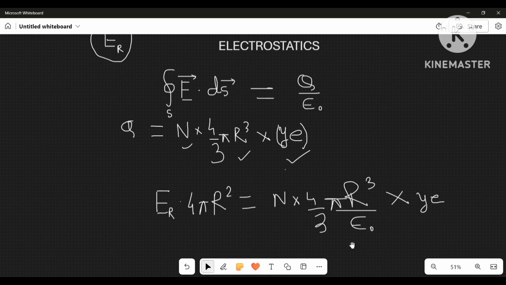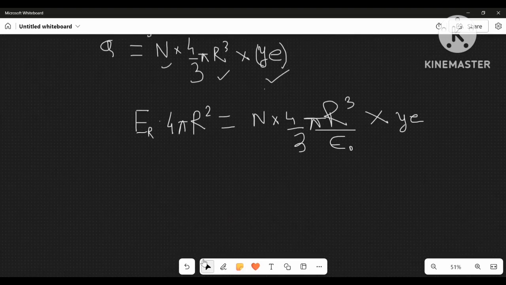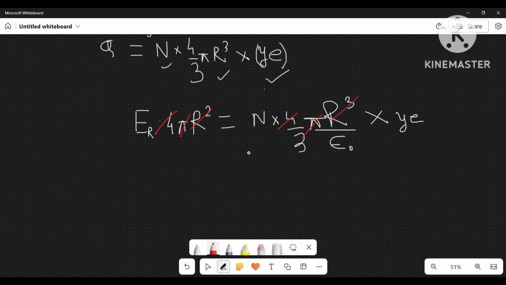So if I solve this equation, then my 4 pi's cancel, this r squared cancels with the r cubed, so I am left with the expression for the electric field at the surface of the sphere, which is n times r times ye upon 3 epsilon naught.